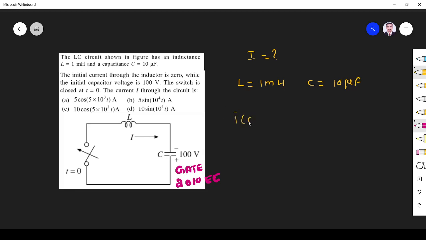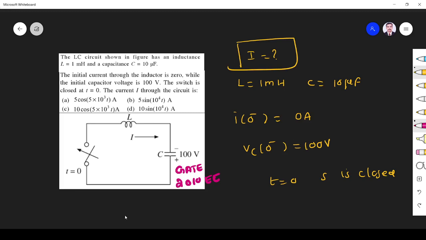Current through the inductor, initial current I0 minus is 0 ampere, and voltage across the capacitor V0 minus is 100 volt. The switch is closed at t is equal to 0. So, what is the current through the circuit? That's what we have to find.